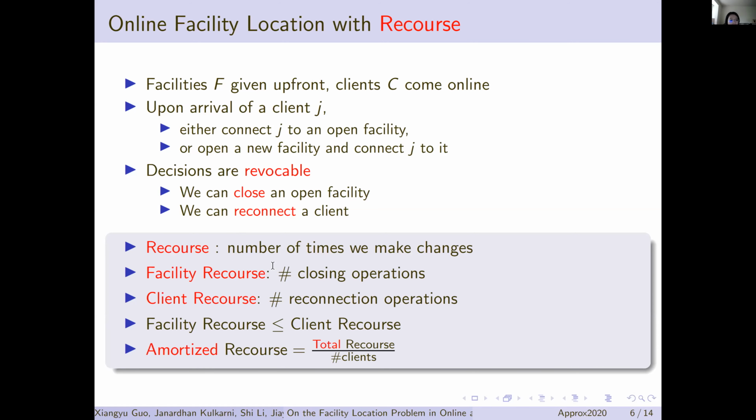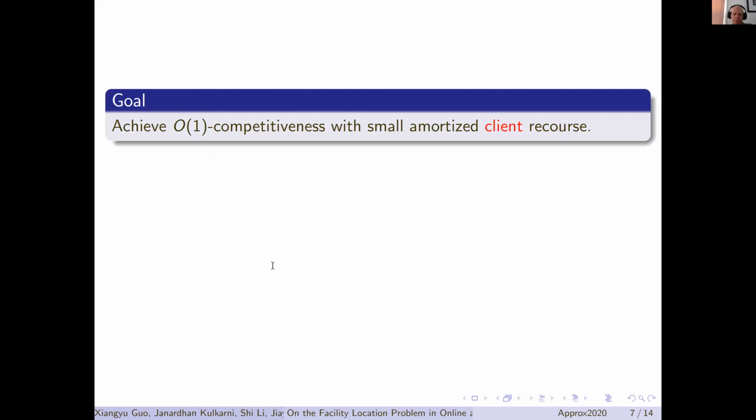We also define the amortized recourse to be the recourse per client. The goal is to maintain a very good competitive ratio while keeping the amortized recourse small. That means we are not going to make too many changes, but we still want to get a very good approximation ratio solution at all times.